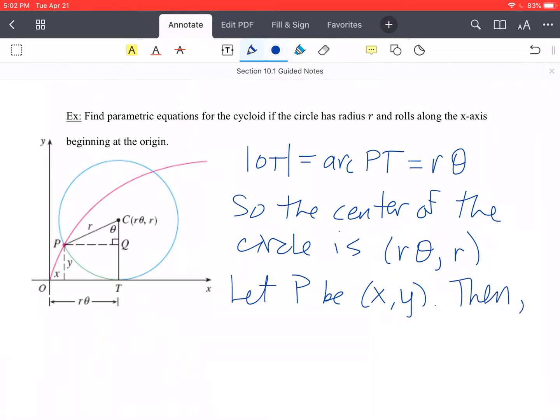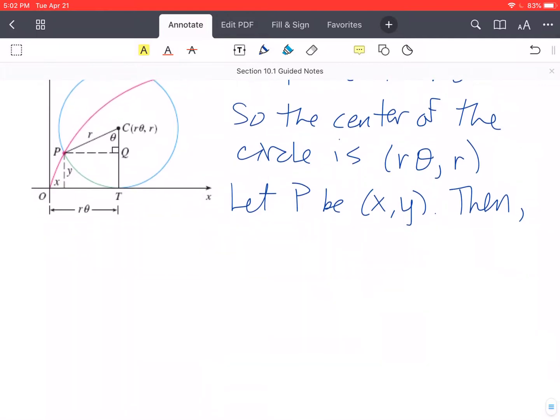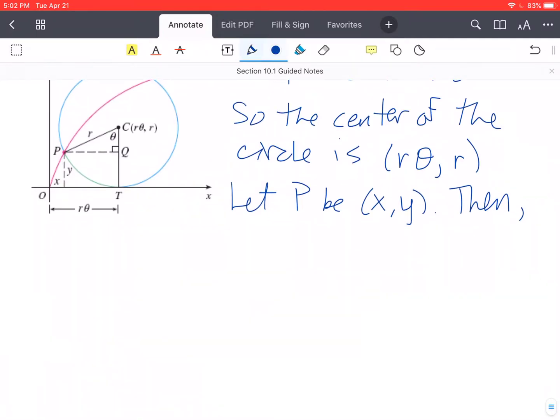So then x is going to be, this is the x value of P, and then this is the y value of P. So the x value is just going to be this segment OT minus this portion, PQ. So we take the whole thing minus part, and we're left with x. So this is going to be the length of OT minus the length of PQ.